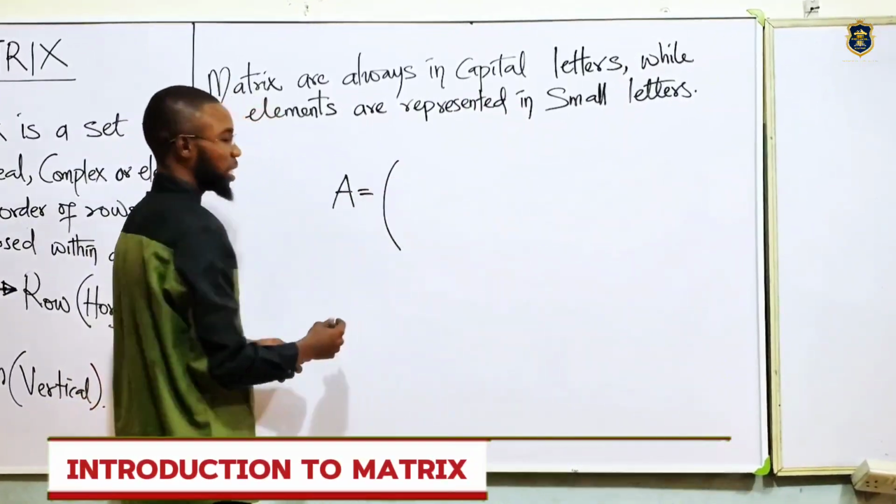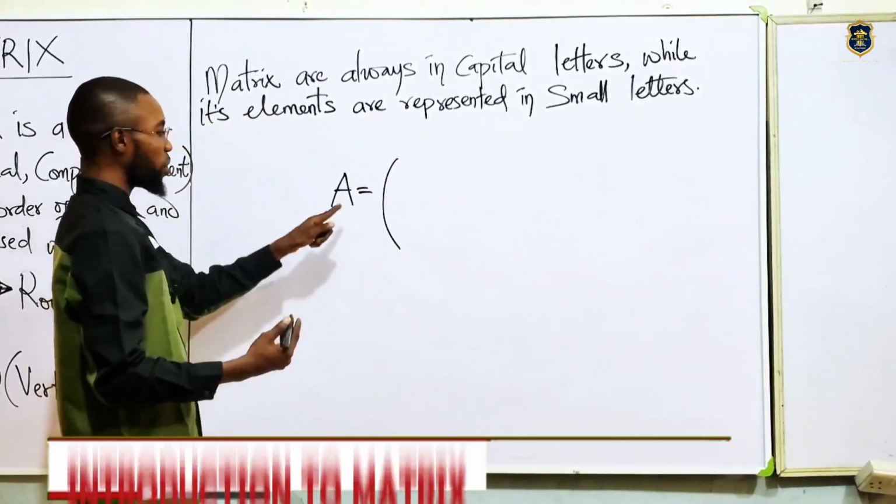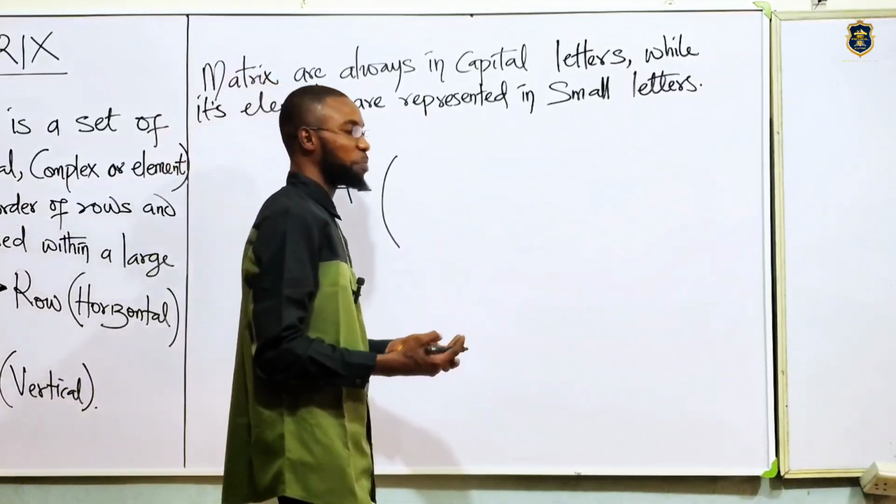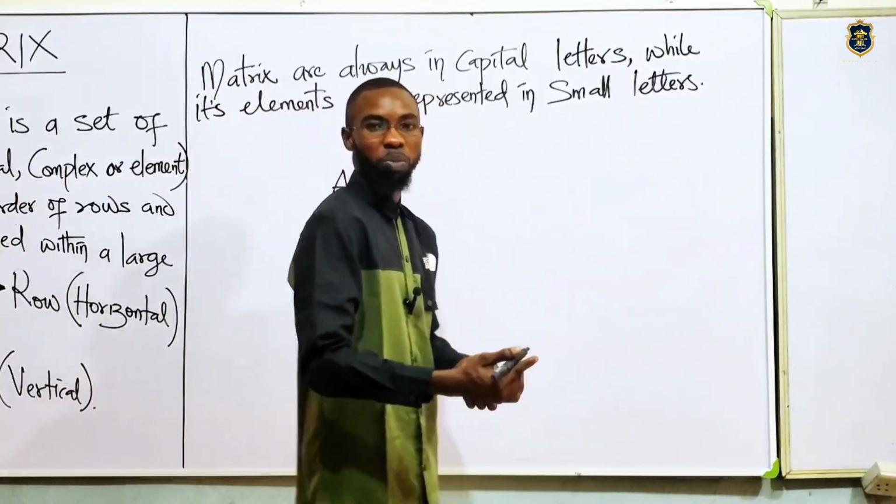a matrix is represented, the elements of this matrix are represented in rows and columns. That means their arrangement is basically of rows and columns. What do I mean?